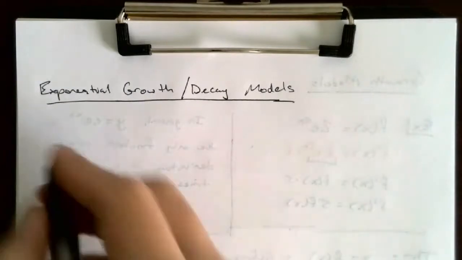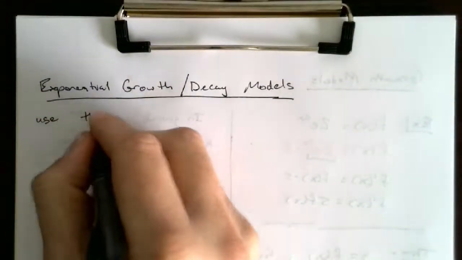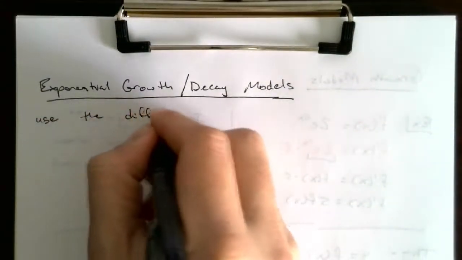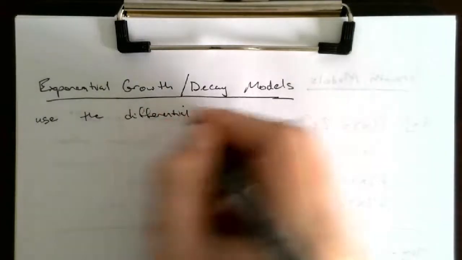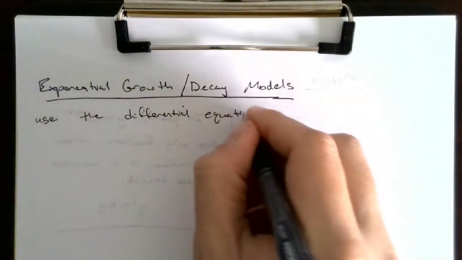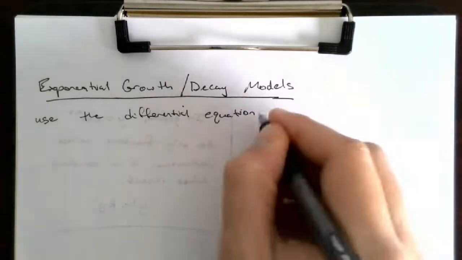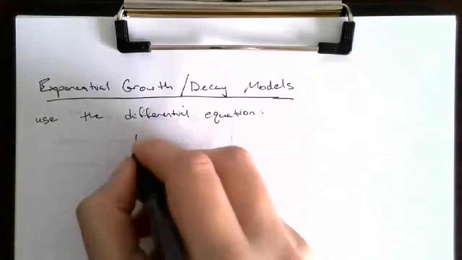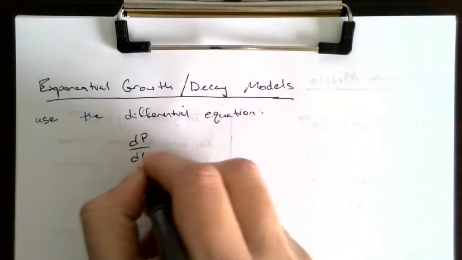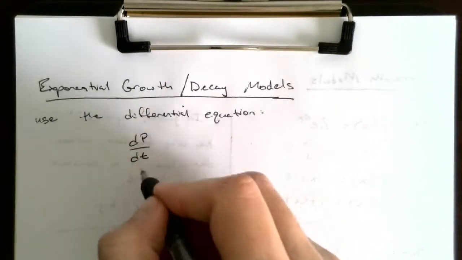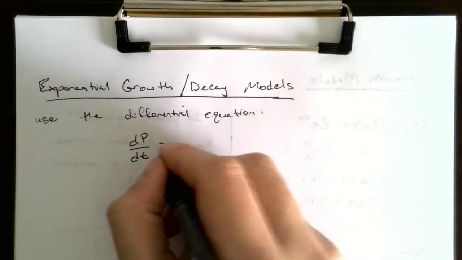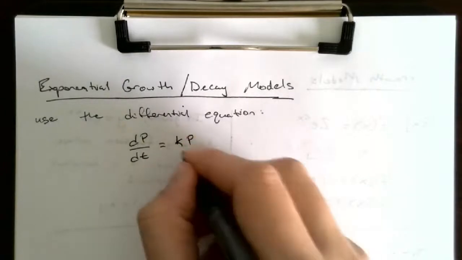They use the differential equation dp over dt, meaning the derivative of p with respect to t, is equal to k times p.